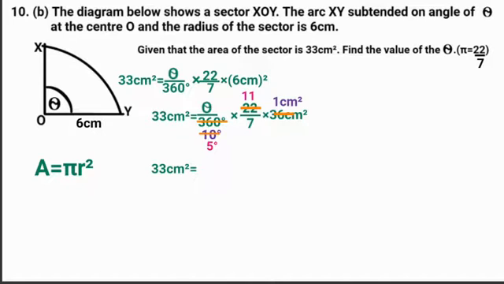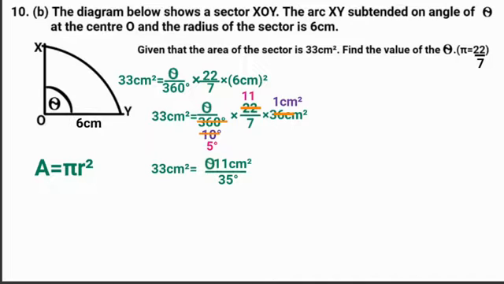Then I'm going to multiply theta by 11, which will give me theta 11. Then theta 11 times 1 centimeter squared will give me theta 11 centimeter squared. Then I'm going to say over, 5 degrees times 7 will give me 35 degrees.